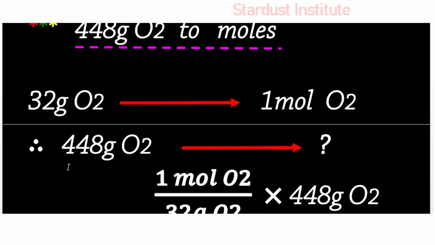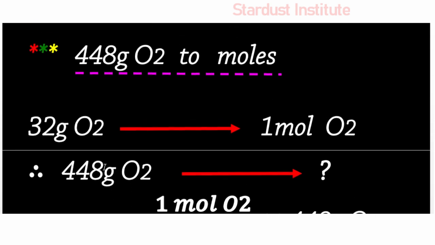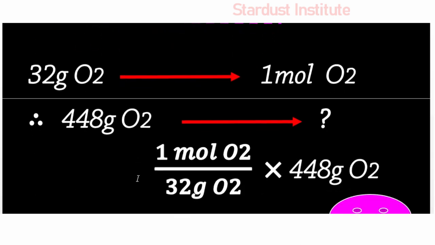Therefore, in 448 grams of O2 we have to find how many moles of O2 are there. We can find the answer in this way. 1 mole O2 divided by 32 grams O2 multiplied by 448 grams O2.